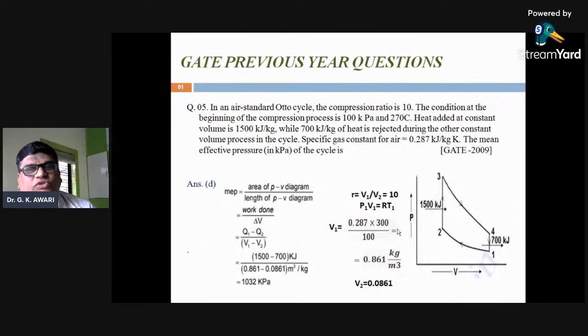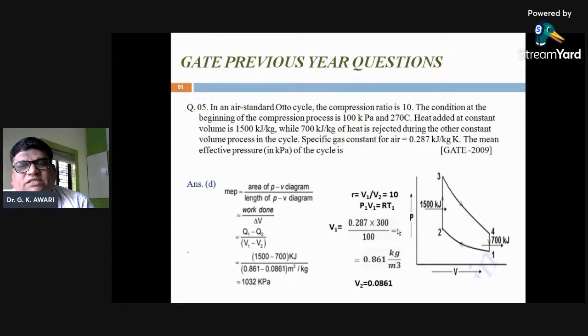Yes, third and fourth. And the fifth question: in an air standard Otto cycle, the compression ratio is 10. The condition at the beginning of the compression process is 100 kilopascal and 27 degree centigrade. Heat added at constant volume is 1500 kilojoule per kg, while 700 kilojoule per kg of heat is rejected during the other constant volume process in the cycle.